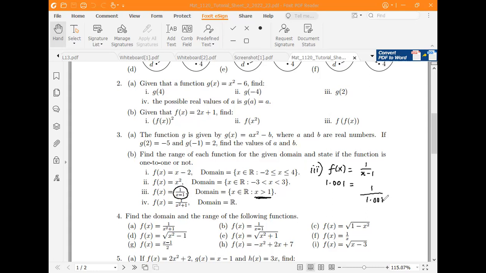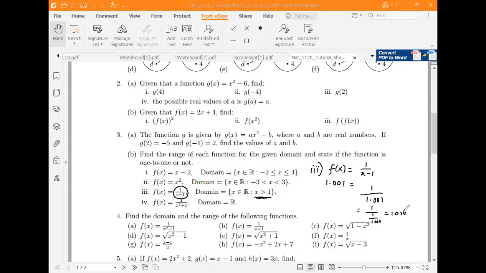Now you understand that 1 over 0.001 is 1,000. This number is 1,000. This means that the values are going to become big, especially when we deal with the interval between 0 and 1. We'll be getting very large values because those numbers are in the denominator. Then when you reciprocate, they become very big like this one.